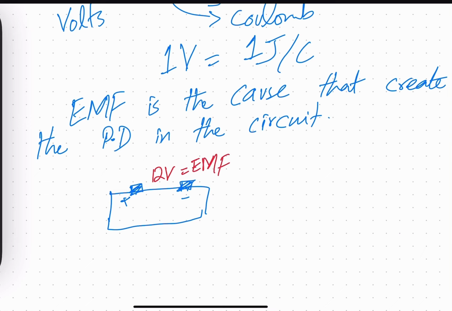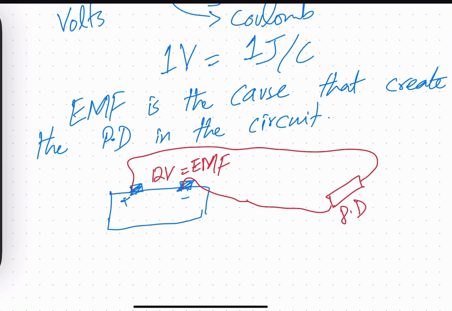Even if it is not attached to a circuit, it has EMF. EMF is basically the energy it can provide. The battery has energy stored in chemical form, but when it is attached to a circuit with some resistance, it will create a potential difference across the resistor. That potential difference is created because of the EMF. So EMF was the cause, and it creates the potential difference in the circuit.